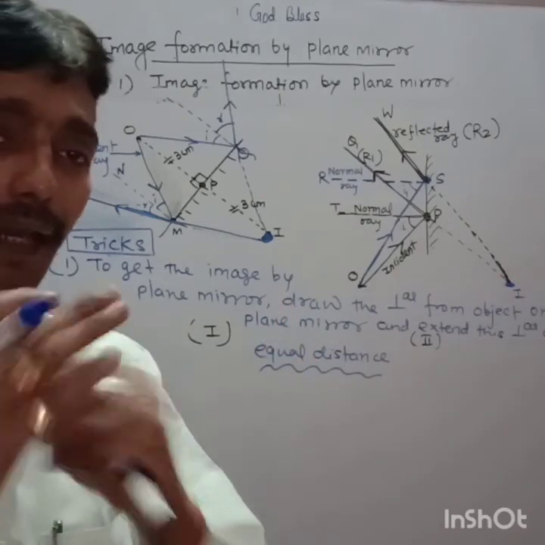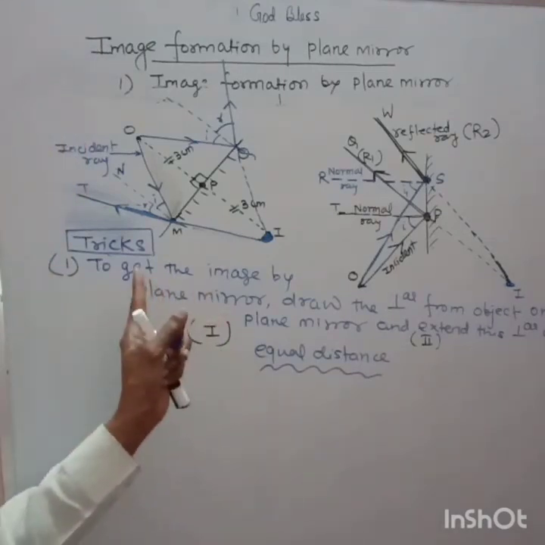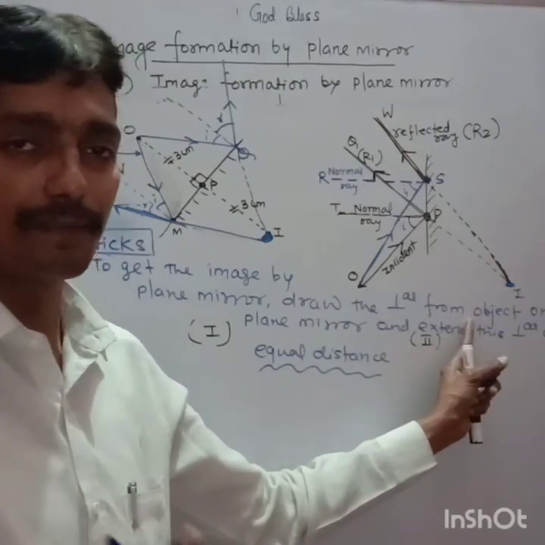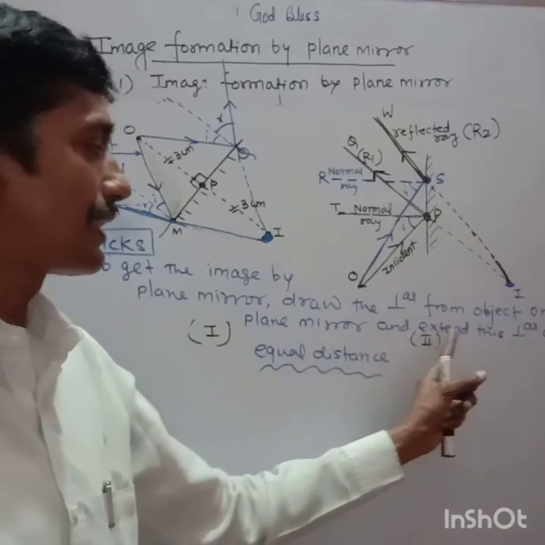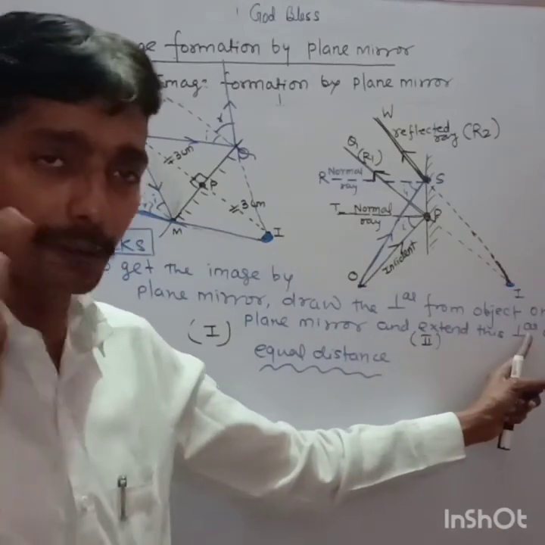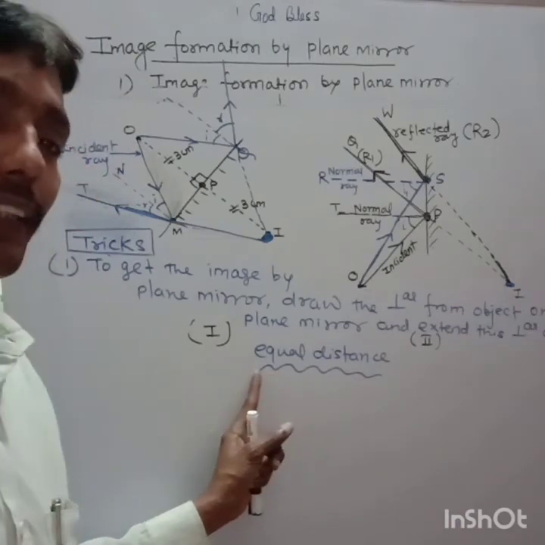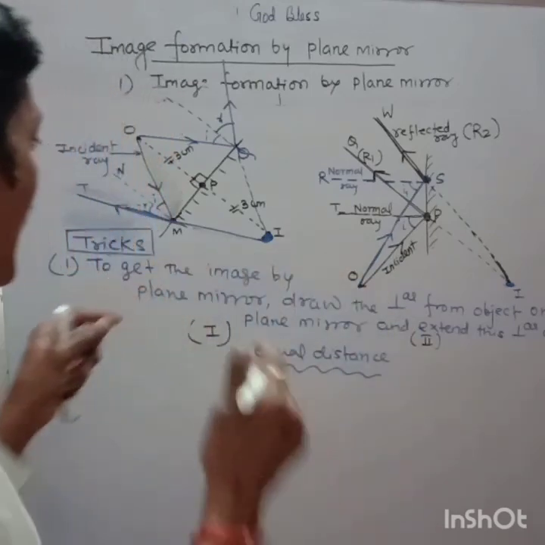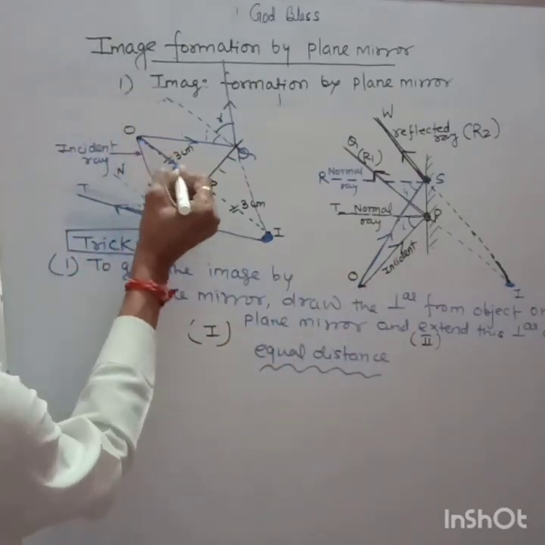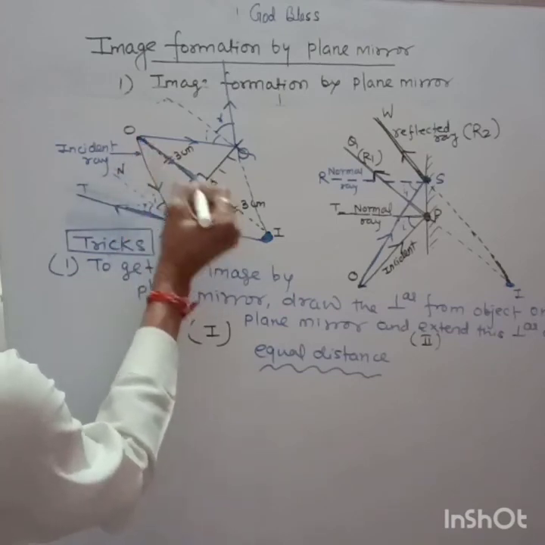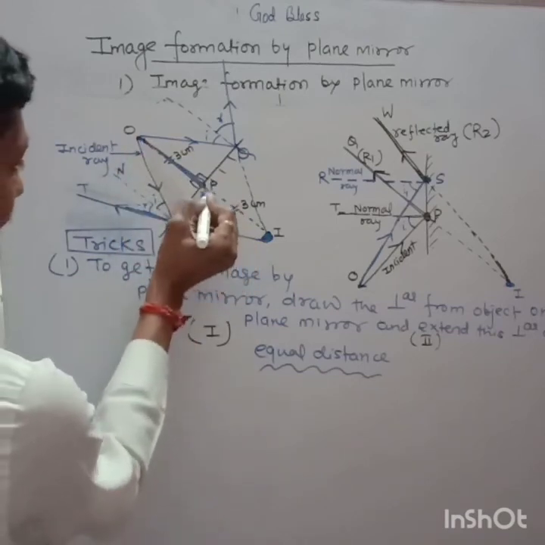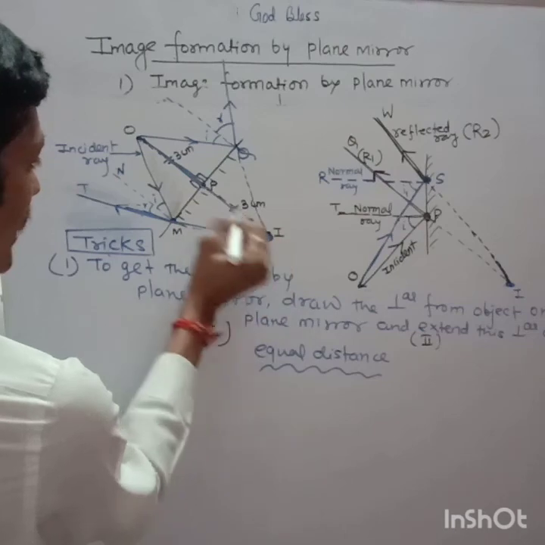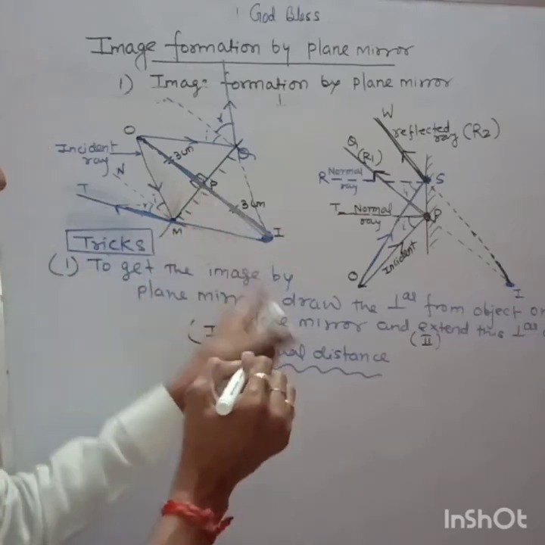You can do any numerical problem on plane mirror. So what is the trick? To get the image by plane mirror, draw the perpendicular from the object on the plane mirror and extend this perpendicular at equal distance. This perpendicular which I have drawn from here to here, look at this diagram which I have drawn, is extended inside.